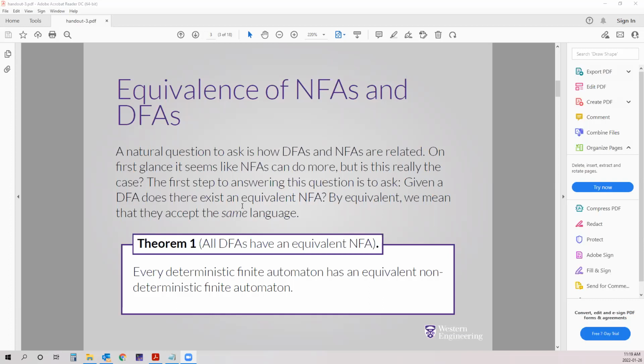What do we mean by equivalent? We mean that they accept the same language. Theorem 1: every deterministic finite automaton has an equivalent non-deterministic finite automaton. This is the first theorem.